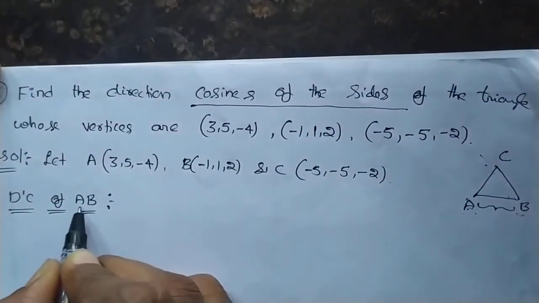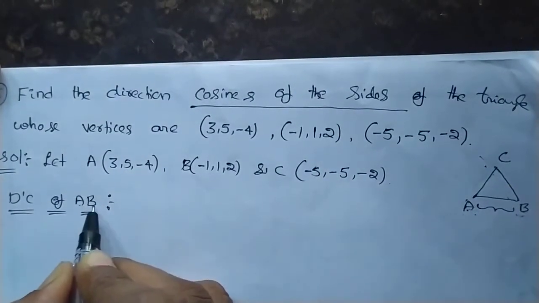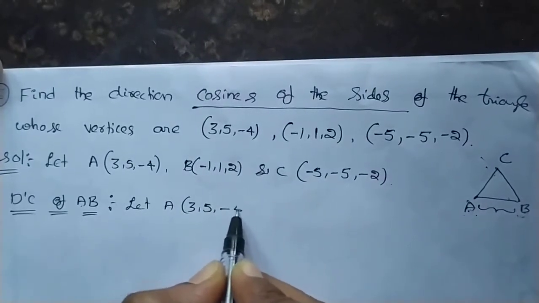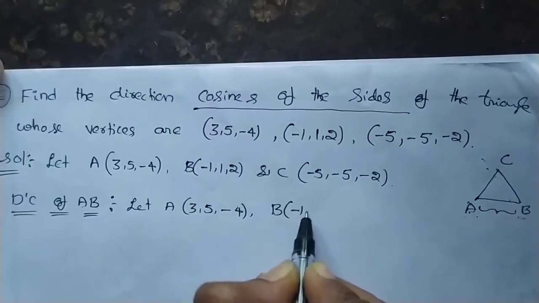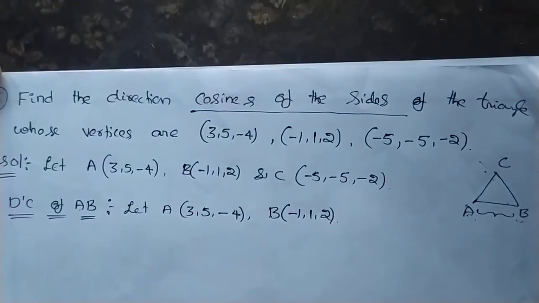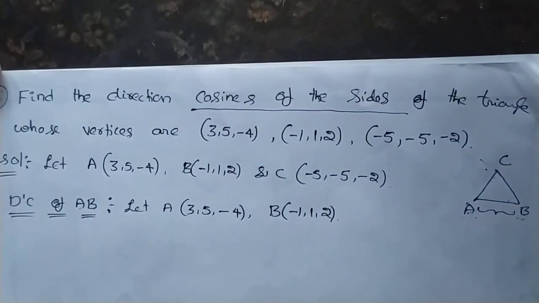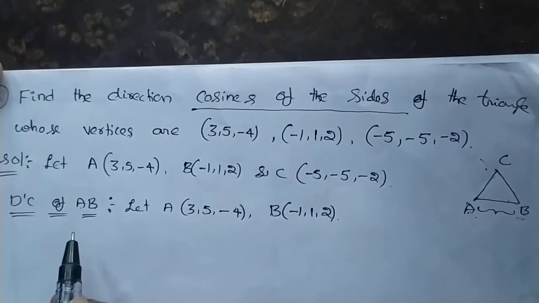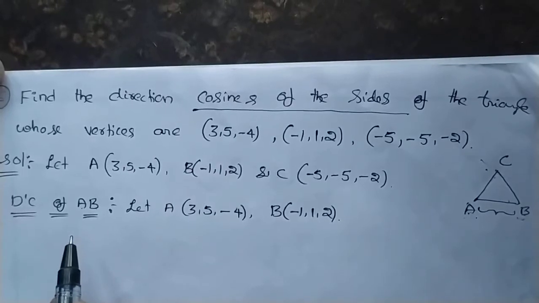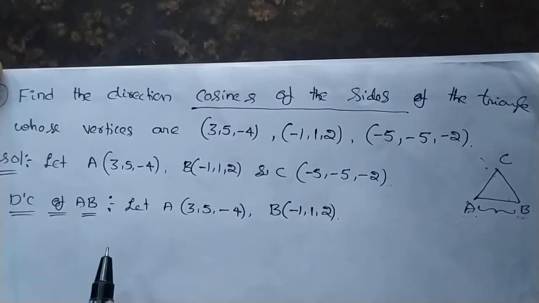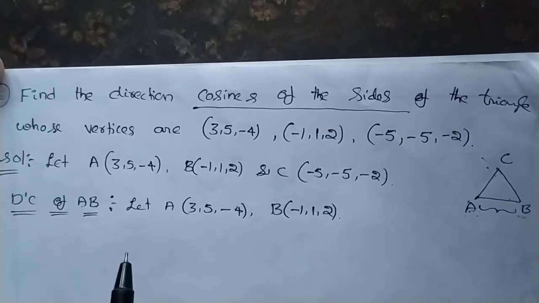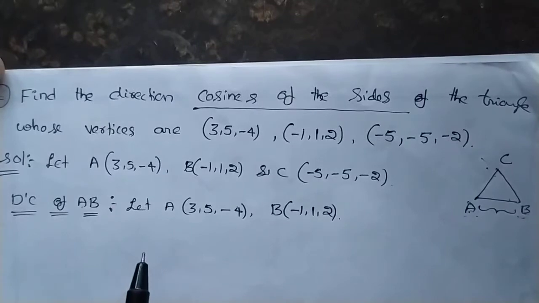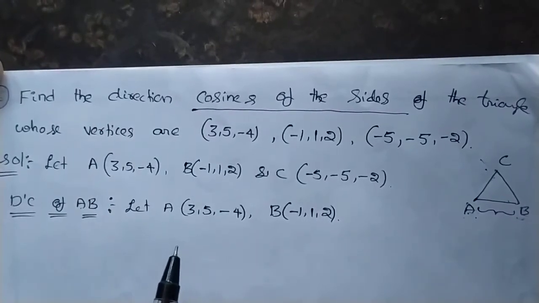First write down the given points, that is A and B. Let A be 3, 5, -4 and B be -1, 1 and 2. Okay, we know how to find the direction cosines of AB. We have the formula: x2 minus x1 by AB, comma y2 minus y1 by AB, comma z2 minus z1 by AB.